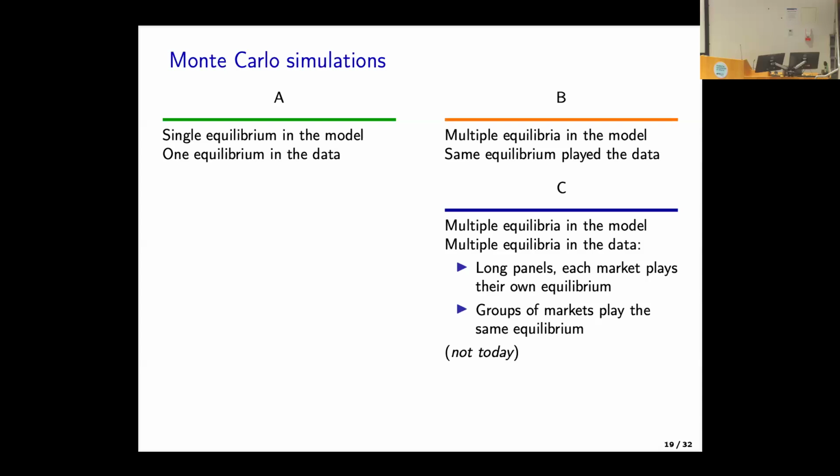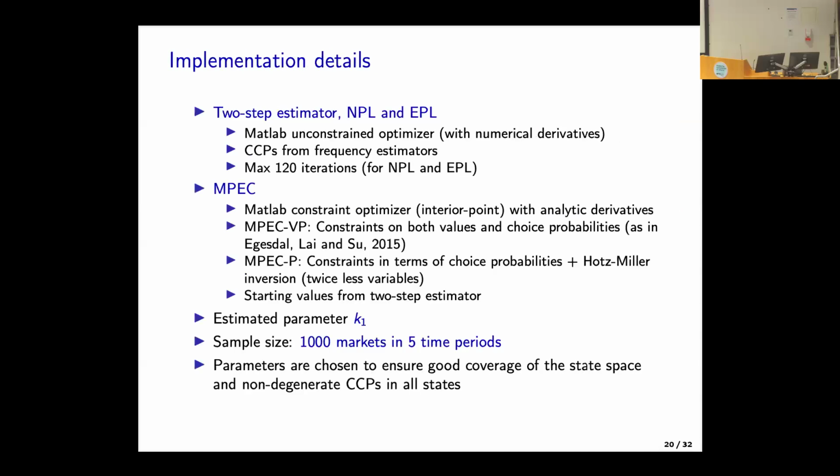But I'm 100% confident we can do it. It's just about how we group different categories of observations into different types of markets, for example, and allow different equilibria to be played in different types of markets.